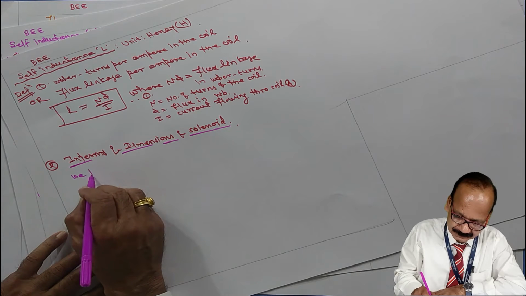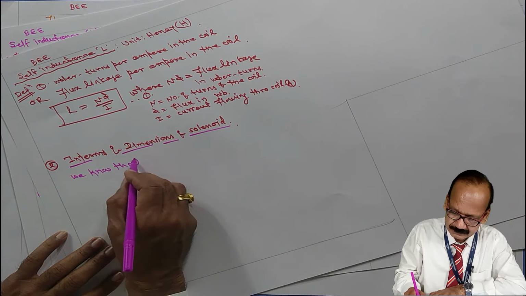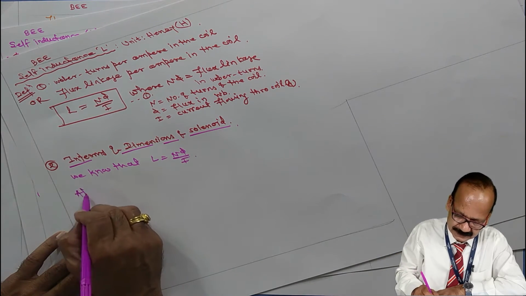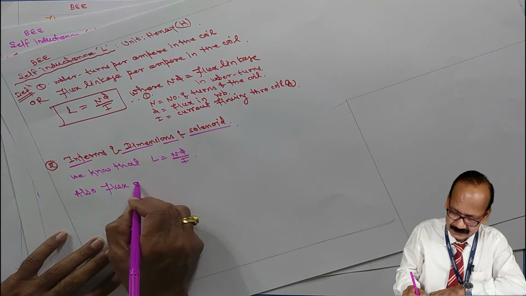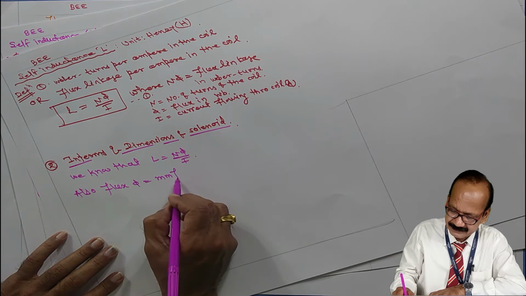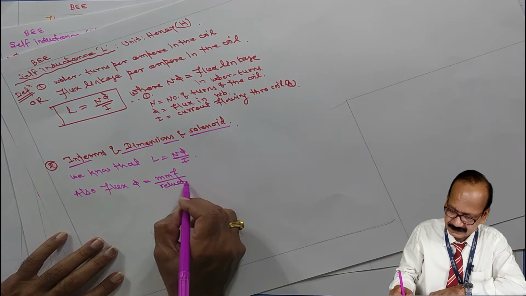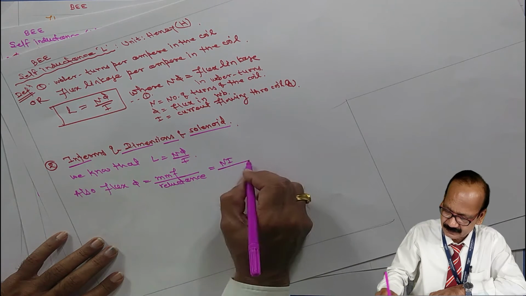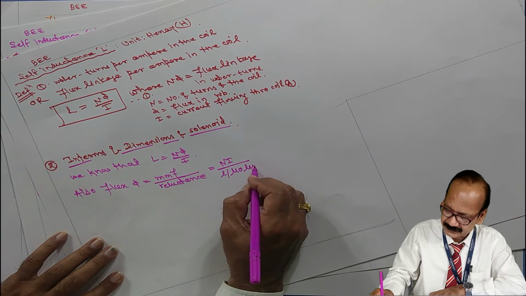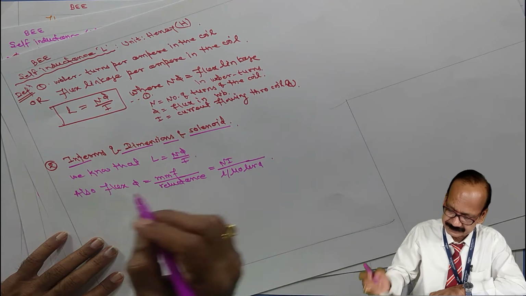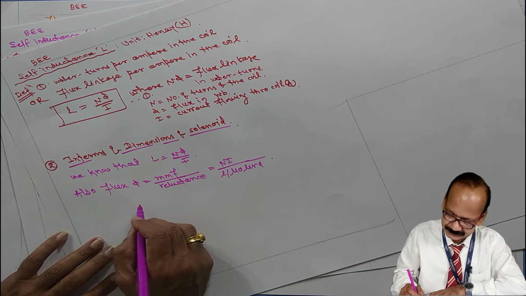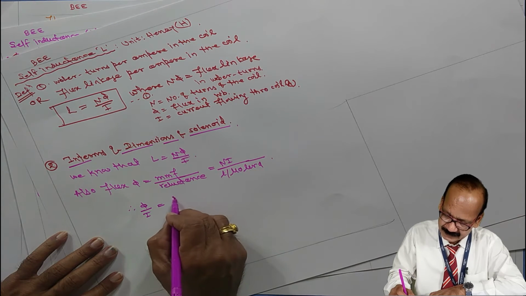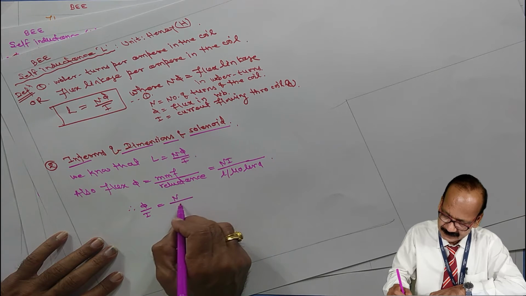We know that L equal to N phi upon I. Also, flux phi equal to mmf upon reluctance, equal to N i upon l upon mu 0 mu r A, and therefore phi upon I equal to N divided by S.